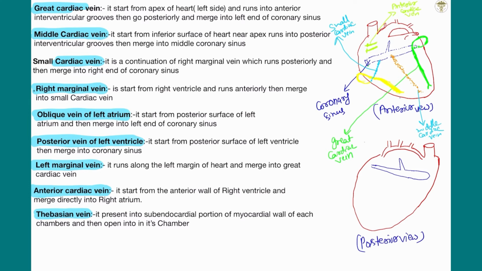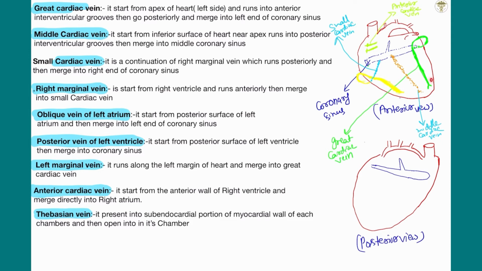I already made it. One vein also remains. I already discussed the great cardiac vein, middle cardiac vein, small cardiac vein, and right marginal vein, but here I didn't discuss the left marginal vein. The left marginal vein also runs along the left margin of the heart, same as the right marginal vein.